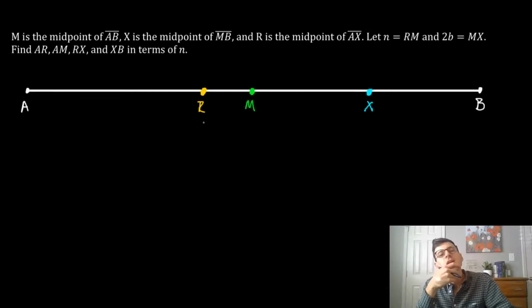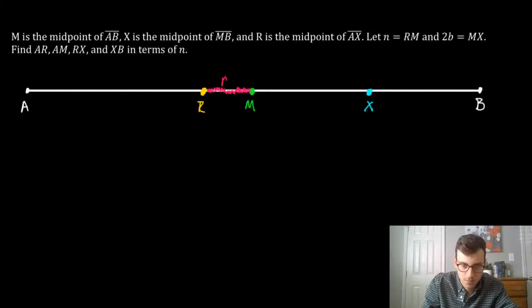Let N equal RM. Okay, let N equal RM. So this right here is N. And 2B equal MX. Okay.